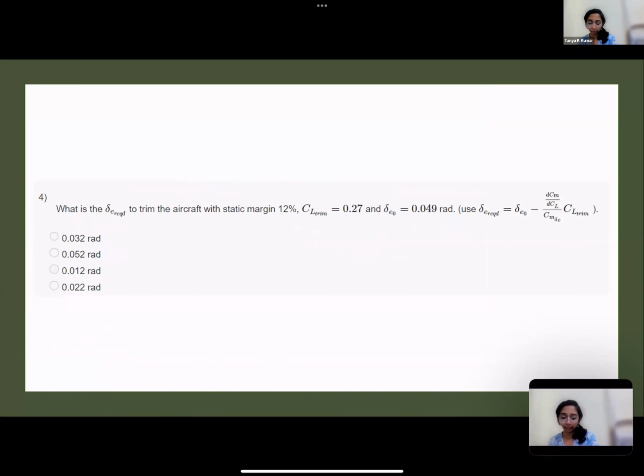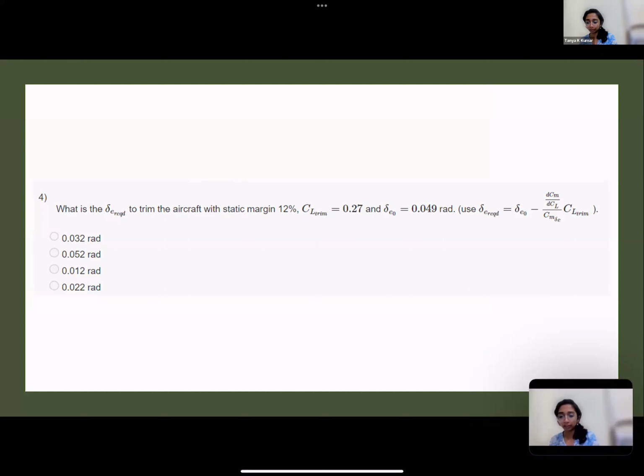Using the same details in the previous question, what is the delta E required to trim the aircraft with a static margin of 12%, CL trim 0.27, delta E naught 0.049 radians? They've given you the equation directly. Can you solve it?